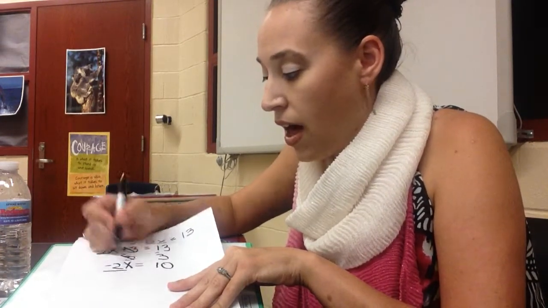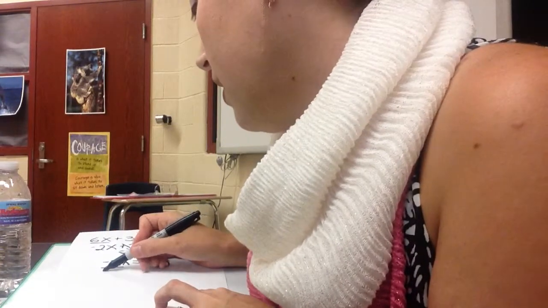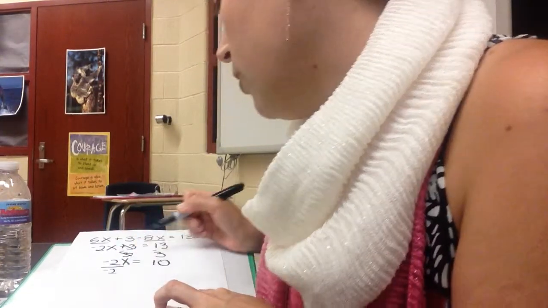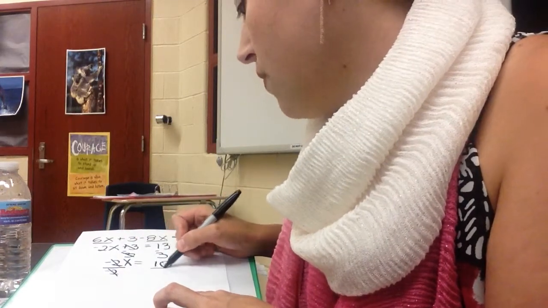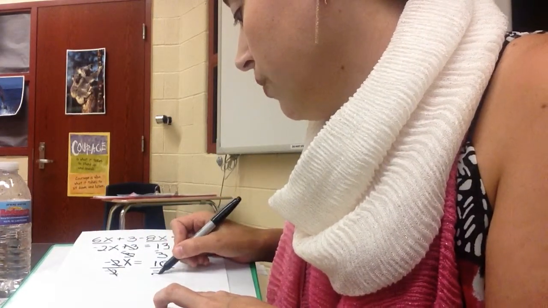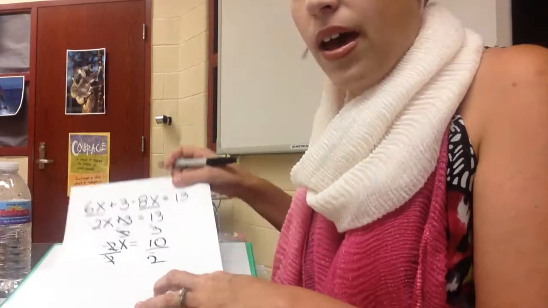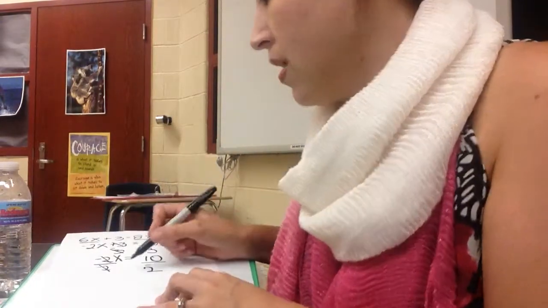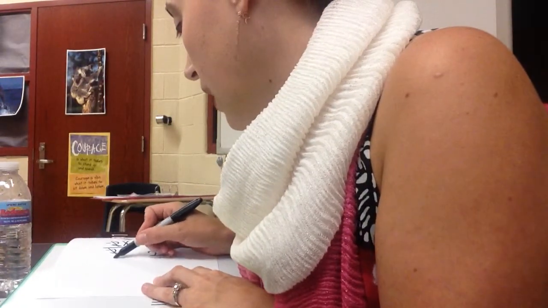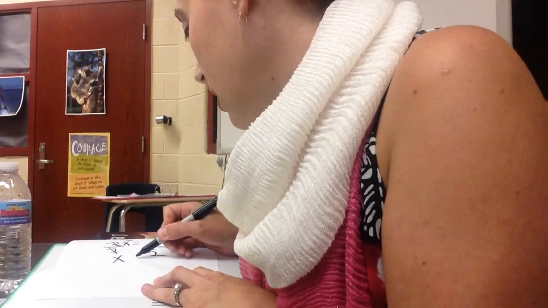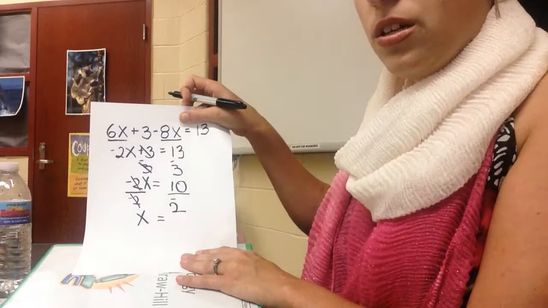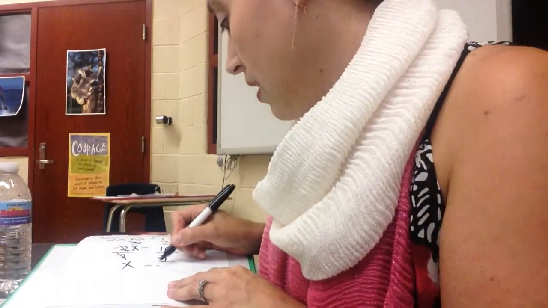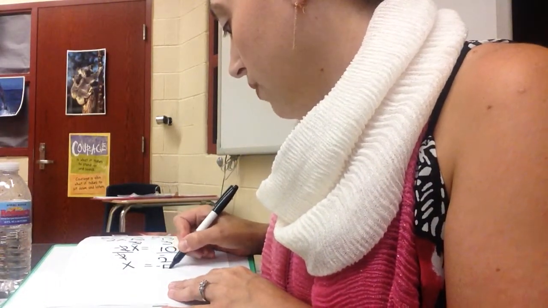So I divide by the negative 2 because it's going to cancel out. Now this gives me x equals 10 divided by negative 2, which is negative 5.